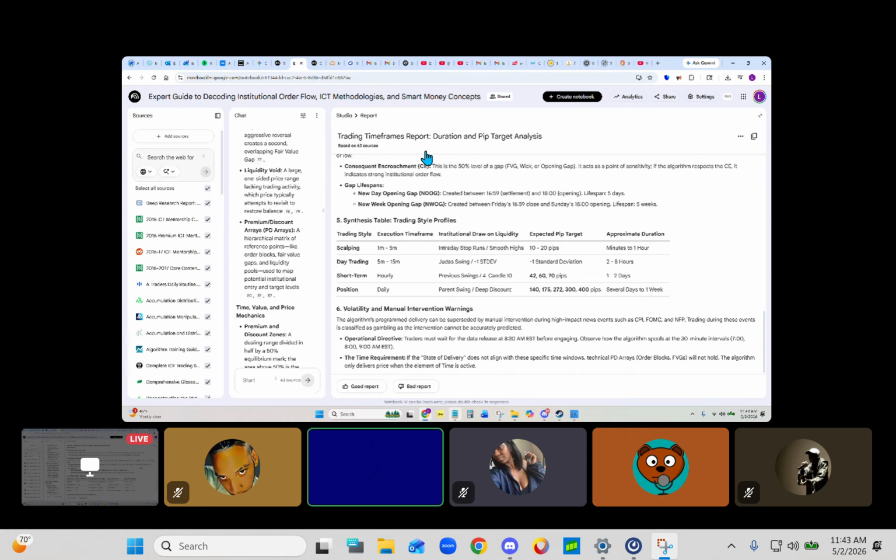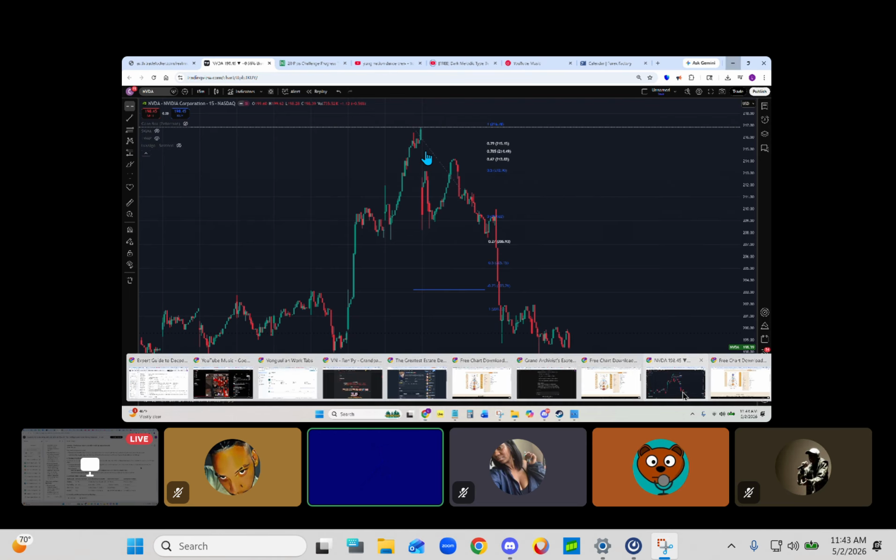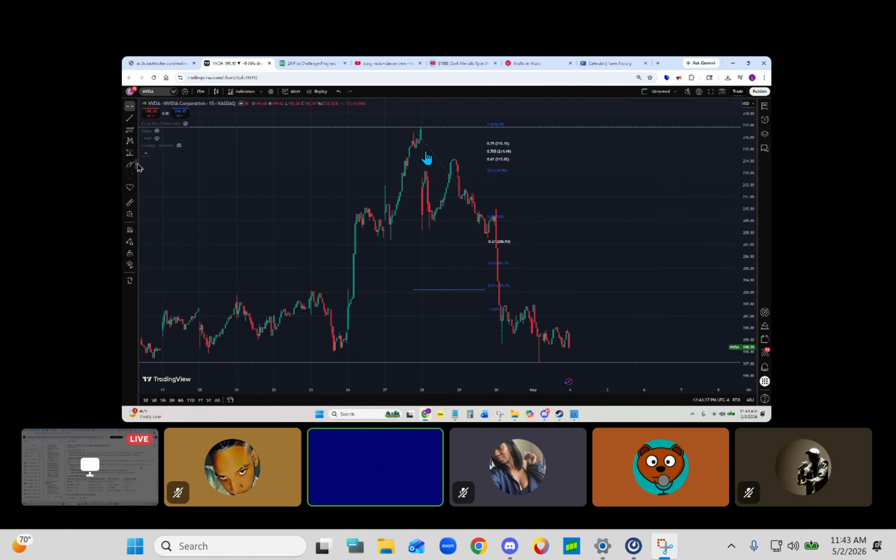Actually, let me show you guys what that looks like, so you know what the pips look like here. Where's my ruler? 20 pips. There you go. That's 20 pips, a little over 20 pips.